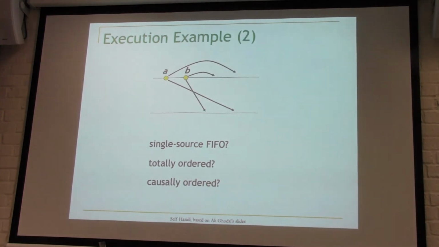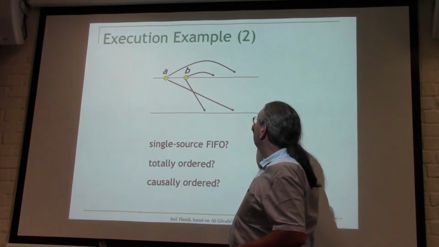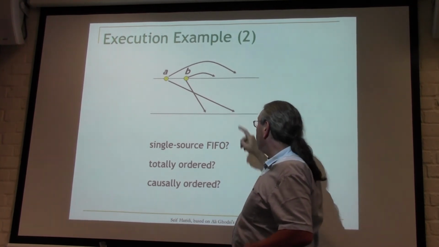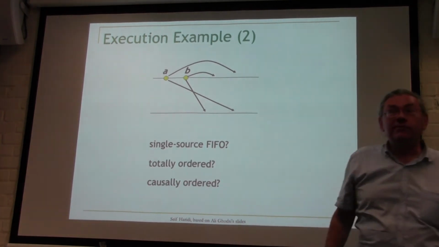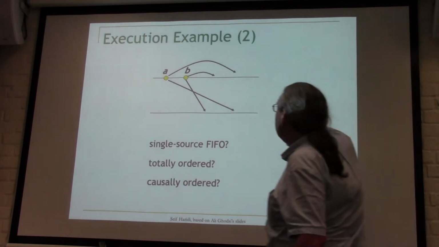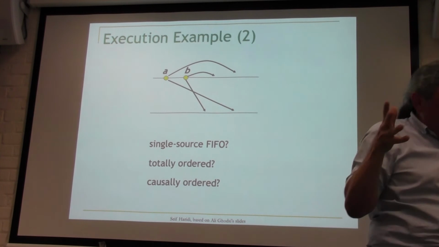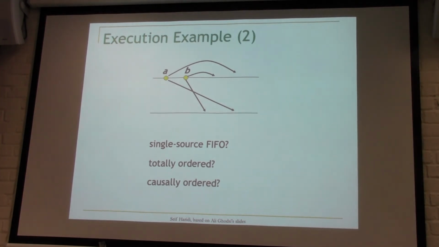More funny examples. Here A and B are now being broadcast from the same node, but they're delivered like this. Is this single source FIFO? Here we do have two broadcasts on the same node, so you might think this is more the case of single source FIFO.